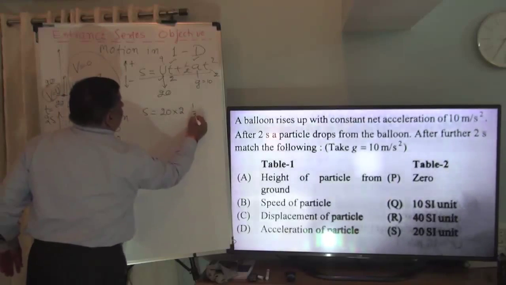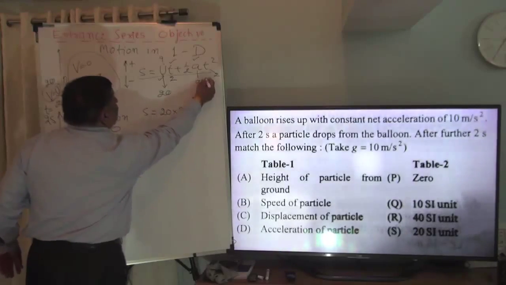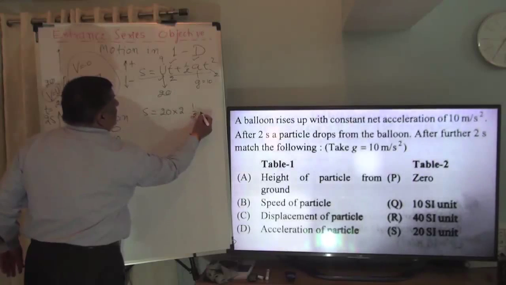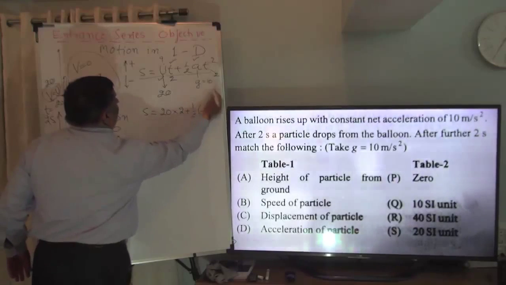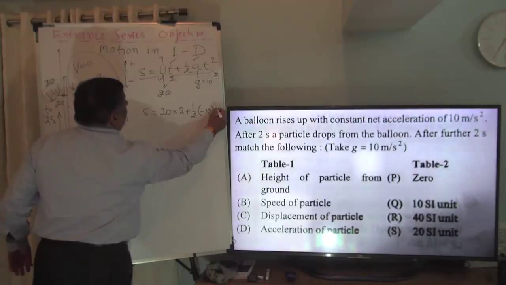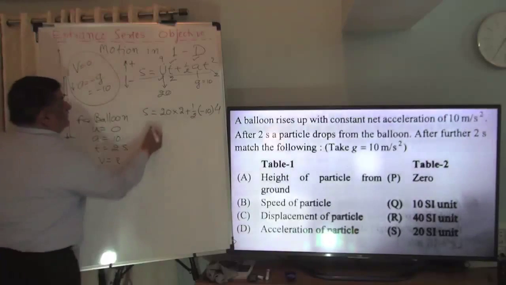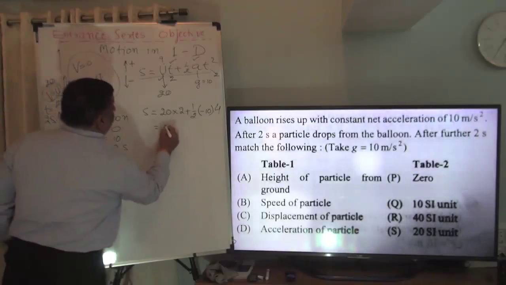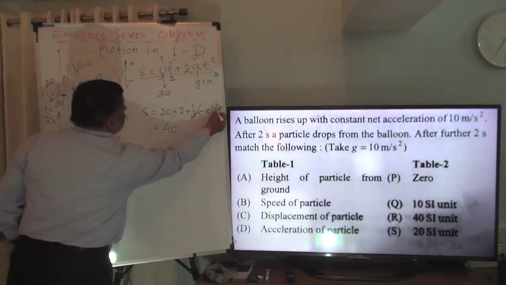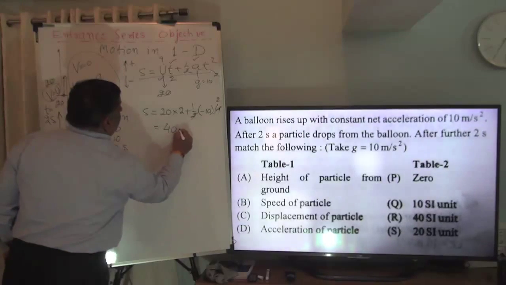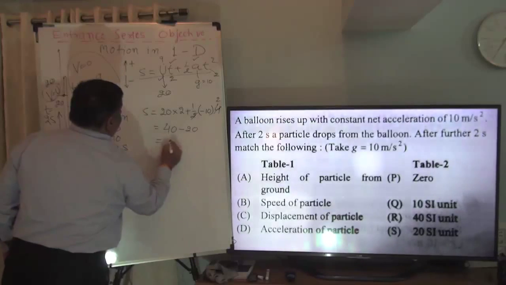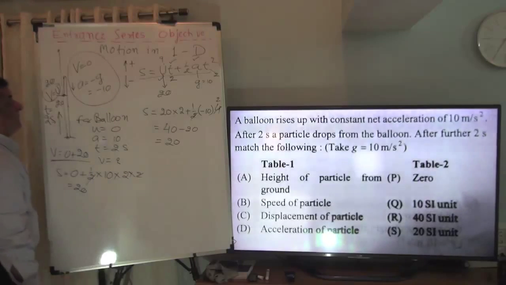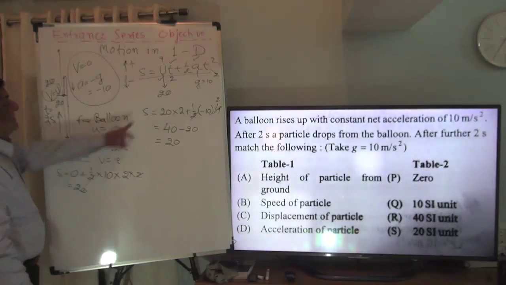Then half, acceleration is g, and this is downward. Because this is downward, this will be minus 10, ut plus half a t square, that is 2 square, 4. So this is 20 into 2, 40, and this is 20, so minus 20. Okay, the S is 20.